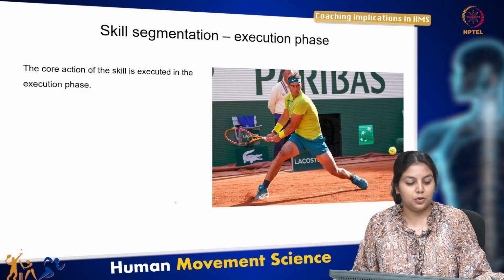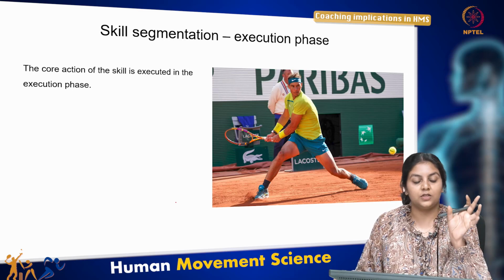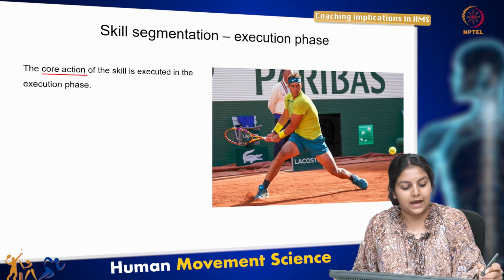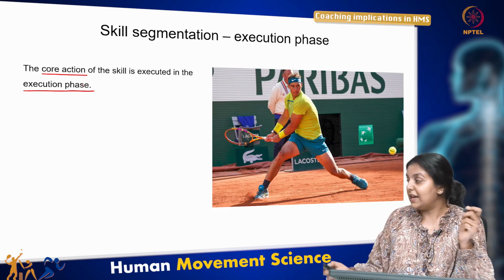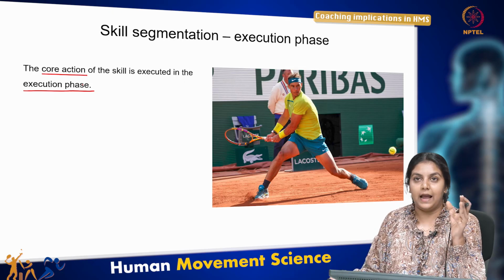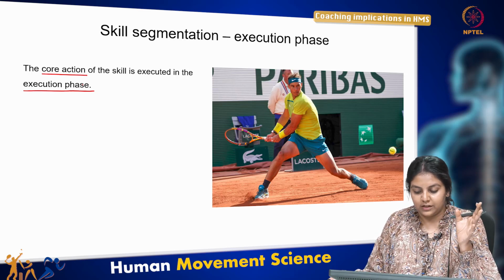Let's look at the execution phase. The core action of the skill is executed in the execution phase. So that's the main action. As we look at this picture over here, we have a tennis backhand that's in play. That's the end of the preparation phase, frozen in time.